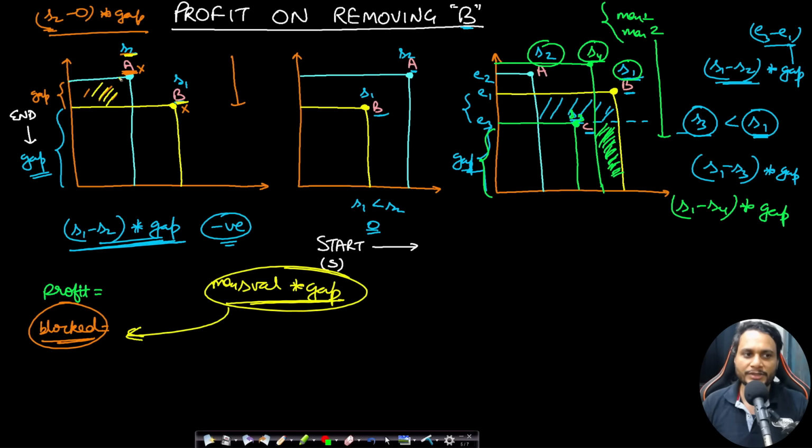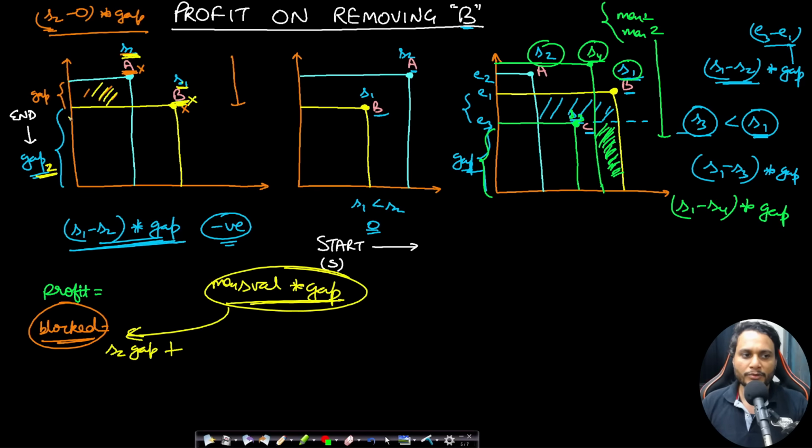Blocked is actually the shaded area. So S2 times gap will be added, and the next time when you go to B, the gap is, let's say, gap 2, and the difference will be S1 minus S2. So S1 minus S2 times gap 2 will be the one which will be freed up when you remove B.